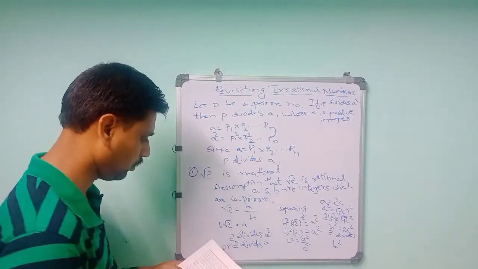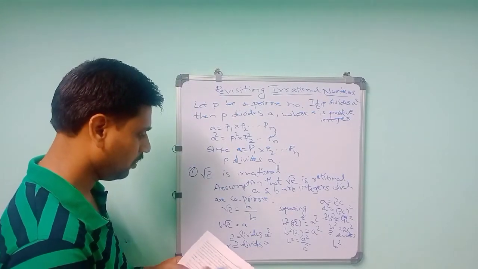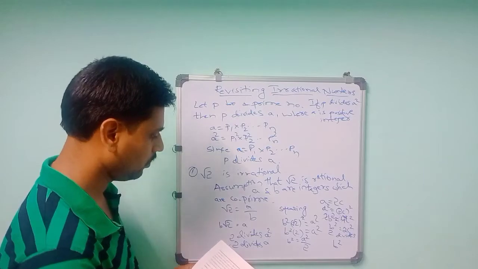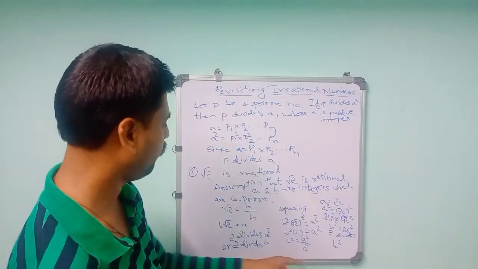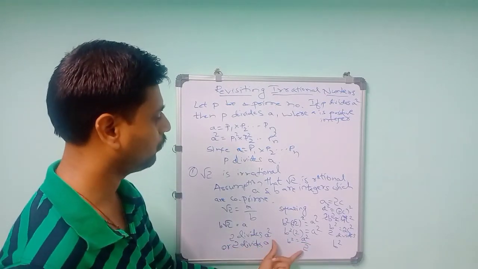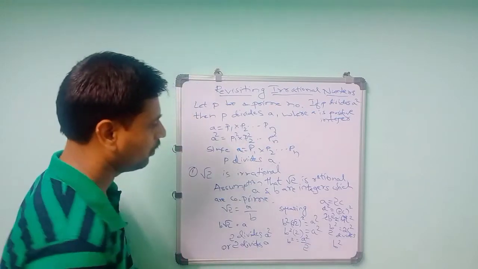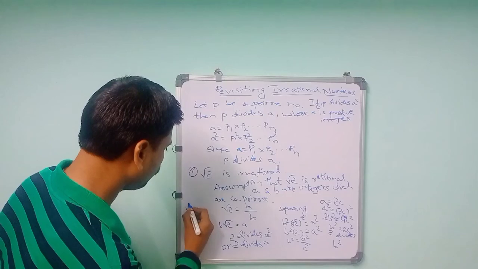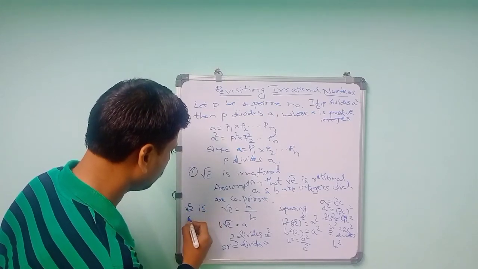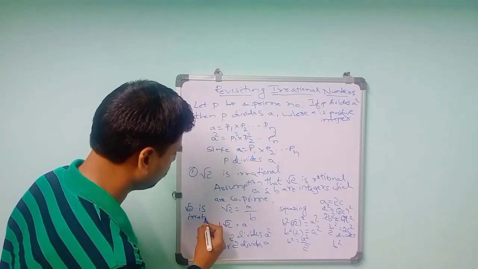So root 2 became rational because 2 is a factor of both a and b, which contradicts co-primes. So root 2 will become irrational.